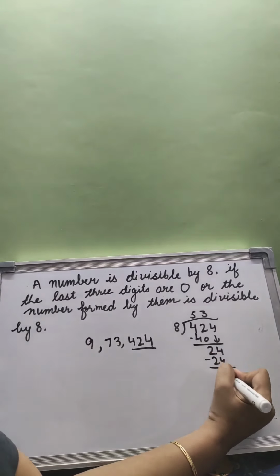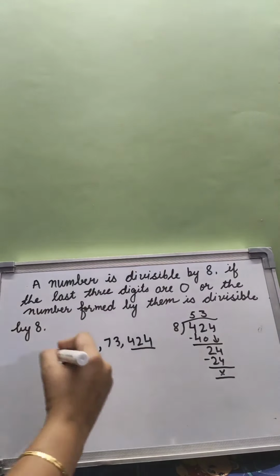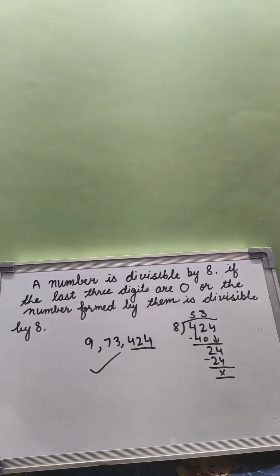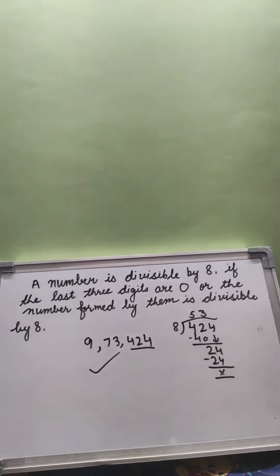So yes, it is divisible by 8. That means this full number is divisible by 8. See, these tests of divisibility are very important and very easy to use to find whether bigger numbers are divisible by the digit or not.